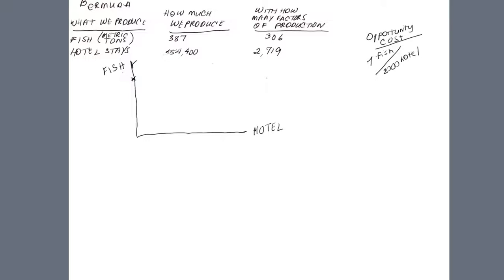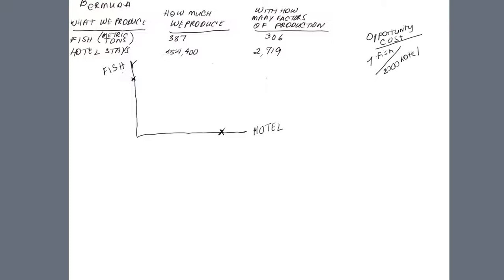If we had a point over here on the x-axis, this would tell us if no one was a fisherman and everybody was working in the hotel industry, how many hotel stays we would be able to produce. So the problem is asking you to walk through those steps. So let's take a look at part A.